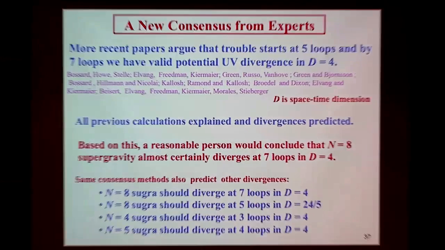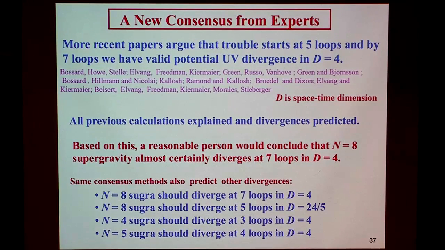Now, you know what's going to happen if you do a calculation like that. People will say, well, that's a great calculation you guys did, but you're going to have trouble starting at 5 loops. By now, a lot of people got really interested in this because it looked like something unusual was going on, and a lot of people started working on it. In some time, they were able to explain all our previous results.